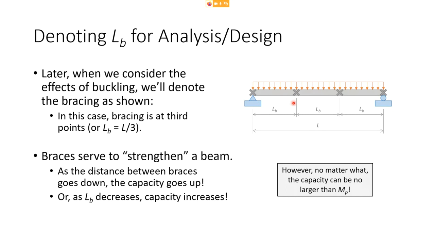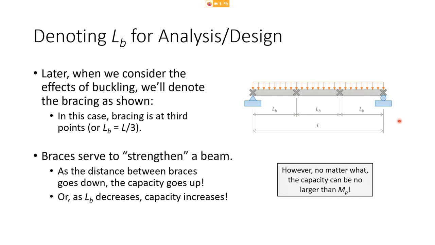This is what I meant when I said there is a difference between how long the beam is and its unbraced length. To keep it simple, we might say this beam is 30 foot long. But this dimension between the braces is 10 foot, and this is 10 foot, and this is 10 foot. So there is a difference between a 30-foot long beam and its LB being 10 feet.